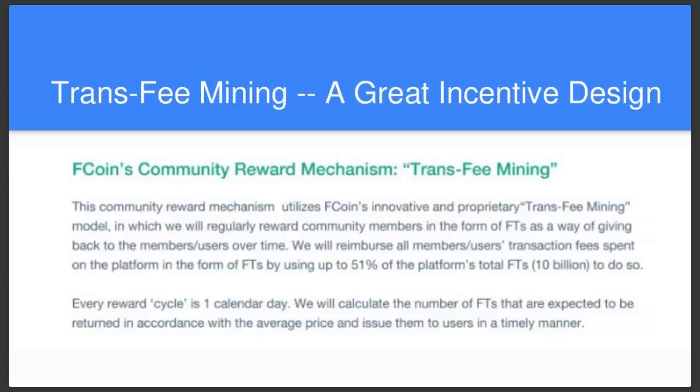Basically, what FCoin transfer mining does is we're going to collect your fee, but we're going to pay you back in FCoin's own token called FT token, equivalent to the fee you pay to the exchange.